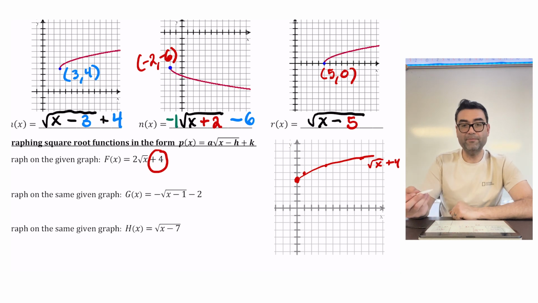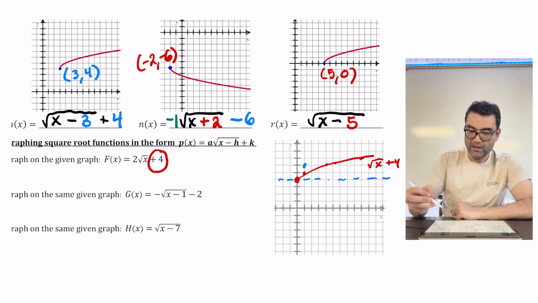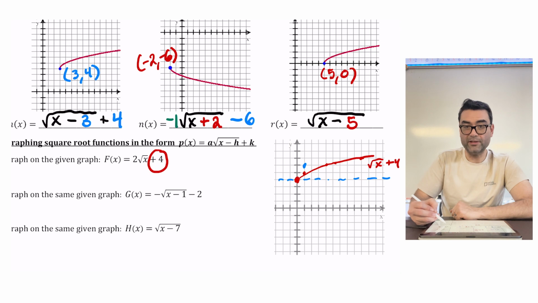But because the function is getting multiplied by 2, what happens is all of these points double their distance from the x-axis before you shift it. So this point here is a value of 1, but 1 times 2 is 2. This point here has a vertical distance of 2 from the x-axis before the shift, so this would now be at 4.